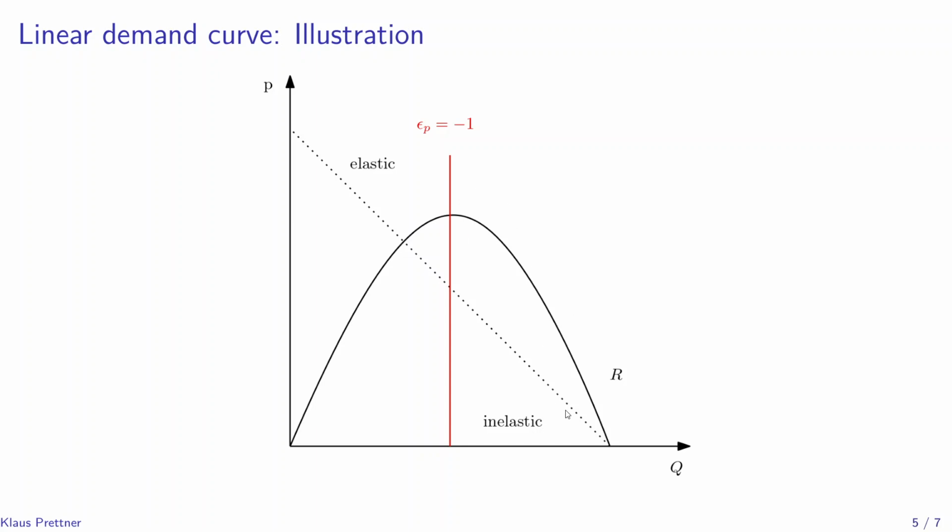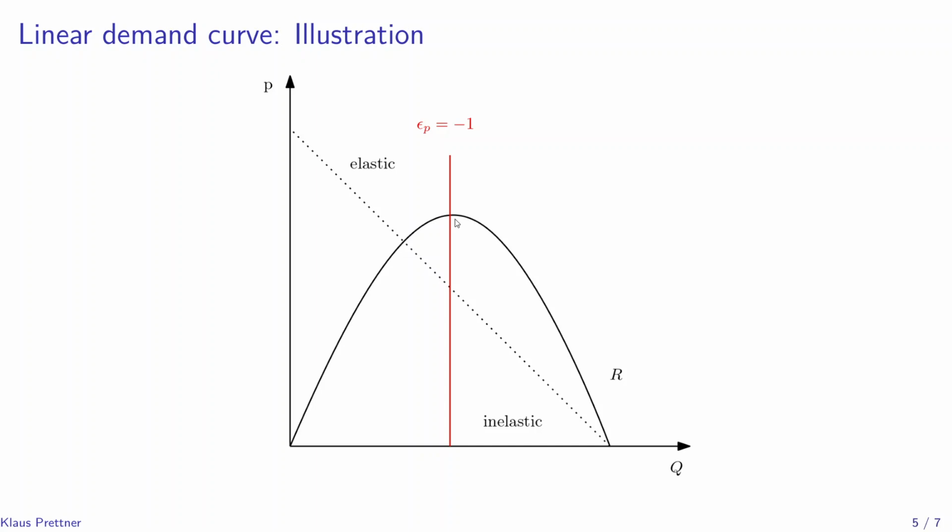To the right of the vertical red line, however, we have the opposite case. So here, if we reduce the price further, demand is inelastic there, that means that the reduction in the price reduces revenue and the quantity does not increase by so much that it could compensate for this effect. So here, if we decrease the price further, the revenue would fall.